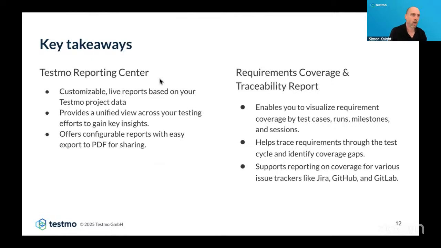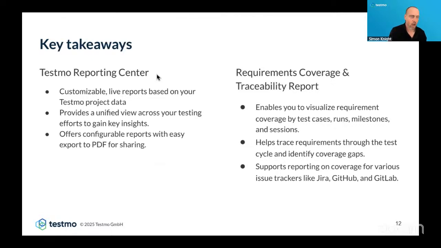The report also offers high-level metrics like the number of issues, test cases, runs, and sessions included, along with some visual coverage charts and also detailed tabular statistics so that you can get down to the details. And it helps you to identify potential gaps in your testing by showing which requirements aren't yet covered.